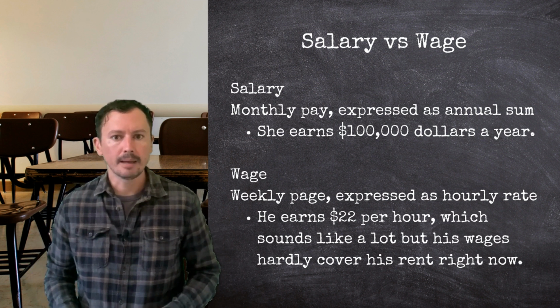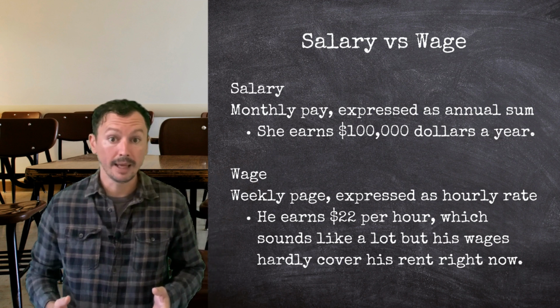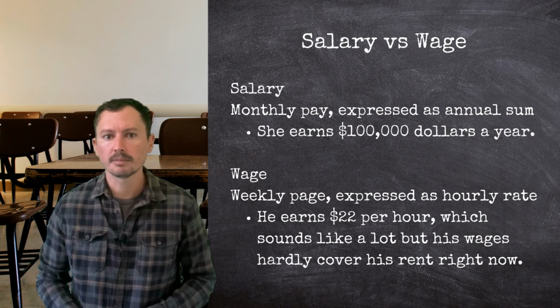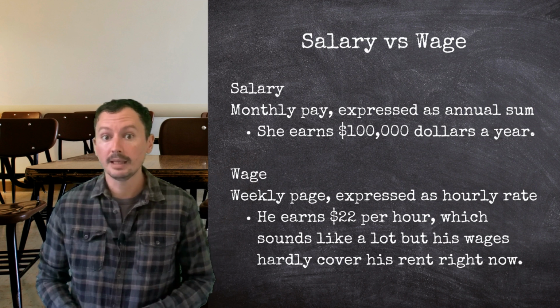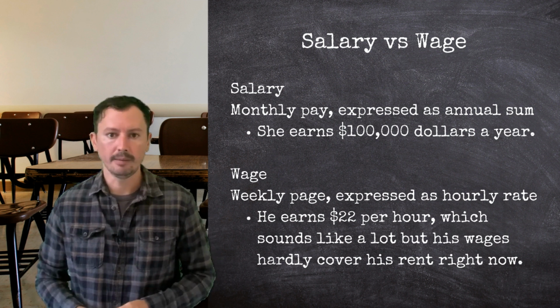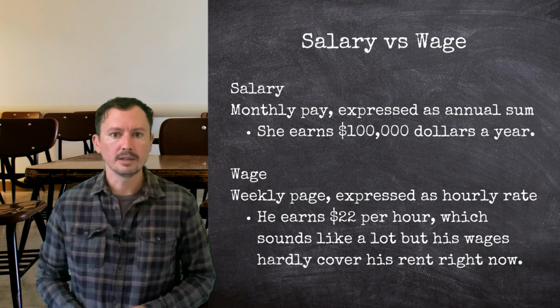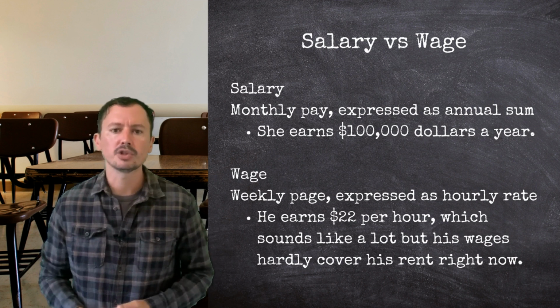We would say, for example, she earns $100,000 a year, but would know that this would be paid in 12 monthly installments. When talking then about money we earn for full-time jobs paid in this way and agreed upon as a yearly rate, we say salary. A wage, on the other hand, is what you're more likely to get for part-time work or maybe for some freelance jobs.